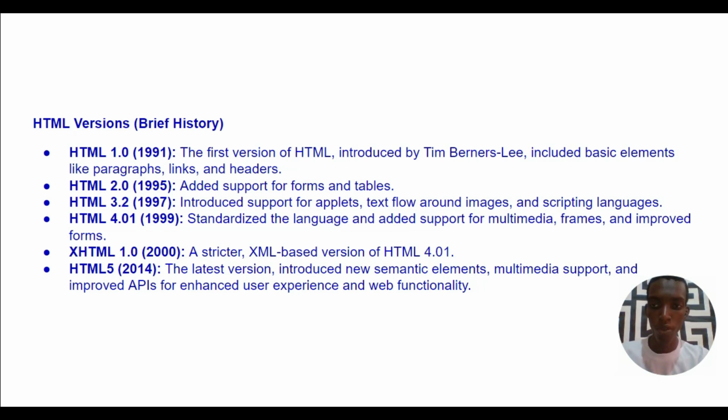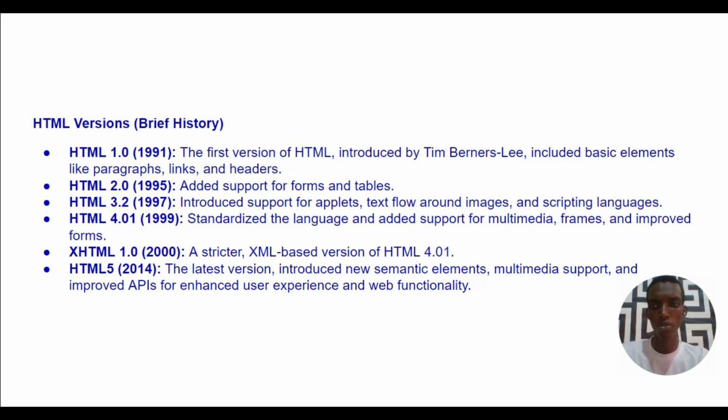HTML 4.01 in 1999 standardized the language and added support for multimedia, frames, and improved forms. Then XHTML 1.0 was created in 2000, a stricter XML-based version of HTML 4.0. Then we have HTML5, introduced in 2014, the latest version of HTML. It introduced new semantic elements, multimedia support, and improved APIs for enhanced user experience.